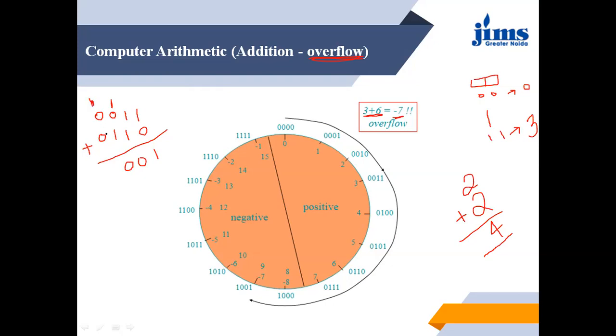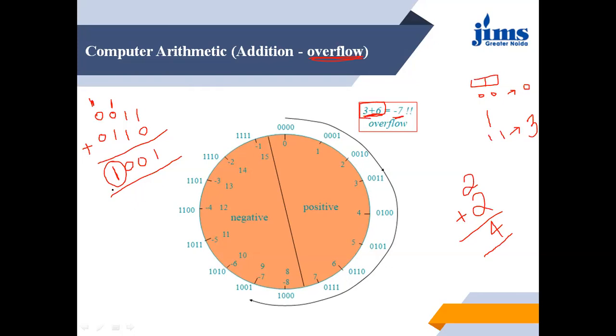And 1 plus 0 is 1. So from here we can see that this is a negative number. After getting the sum of two positive numbers, we are getting a negative number.